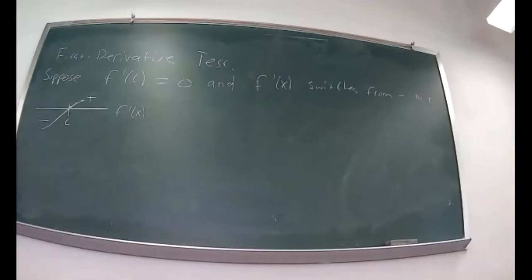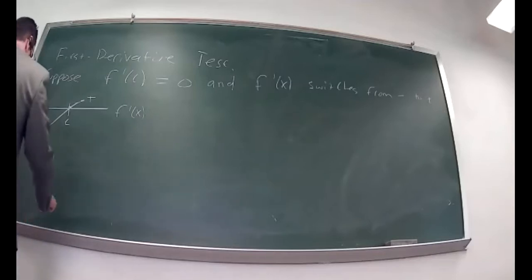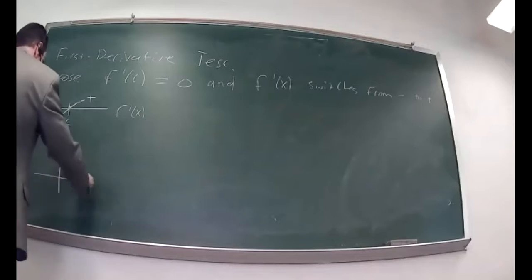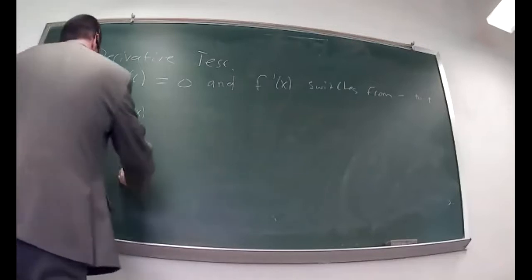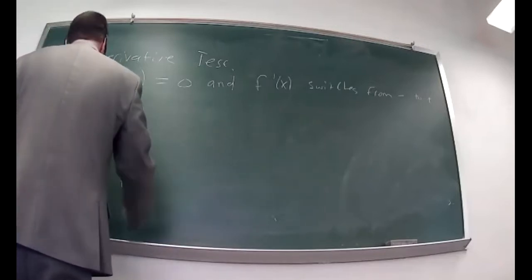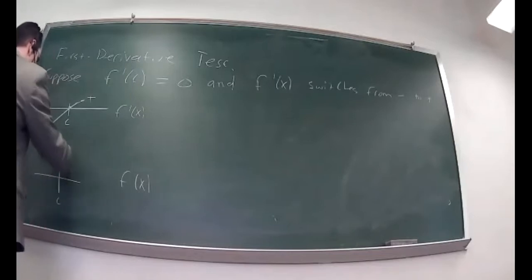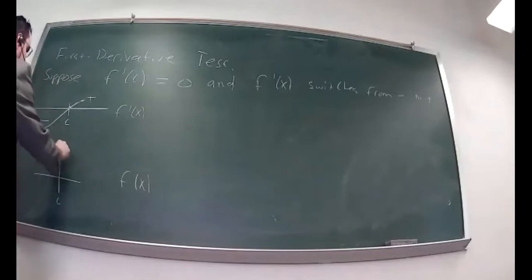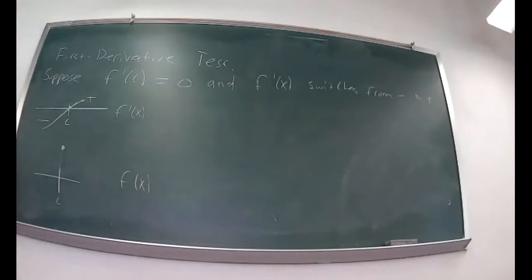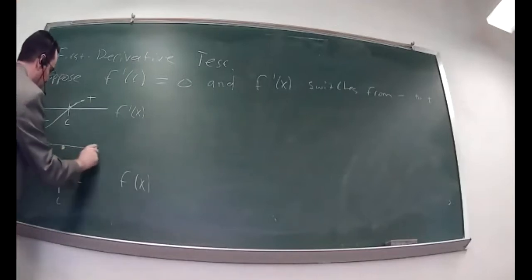If you look at what does that mean for the function f of x, it means that, well, let's say this is c, and here's f prime of c is 0, so here's f of c. F prime of c is 0, so you have a horizontal tangent there.